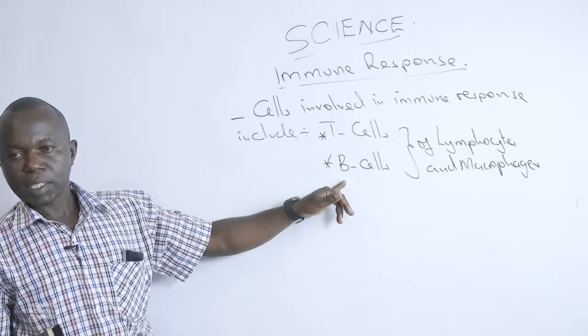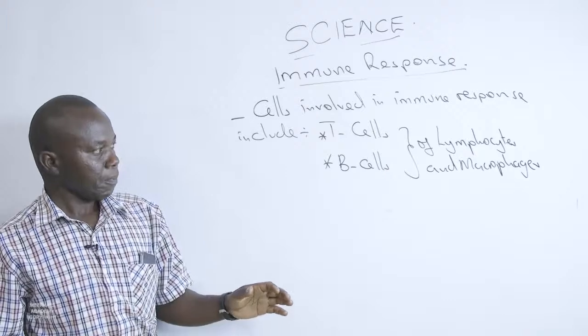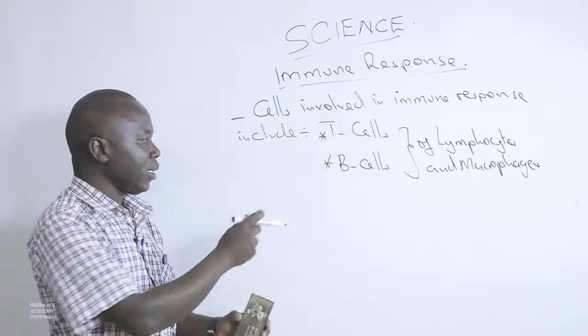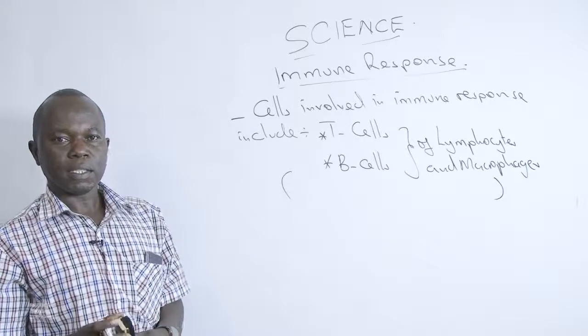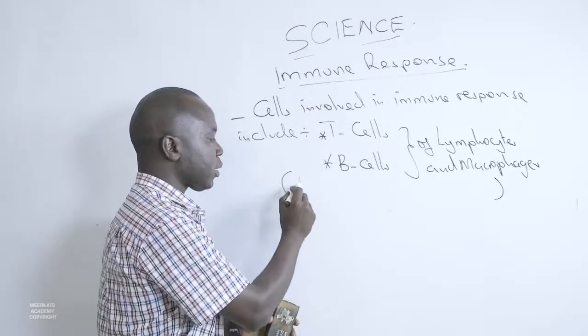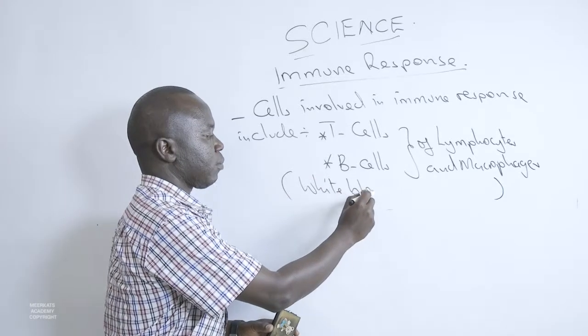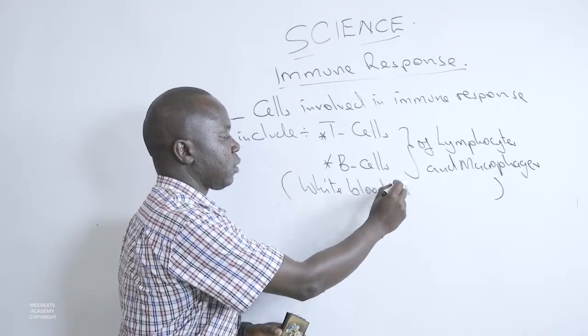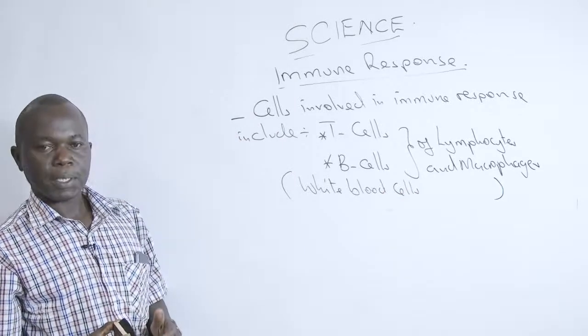So these are the main cells that are involved in the immune response. But without complicating the names and the rest, these are simply white blood cells. So it usually involves the white blood cells.